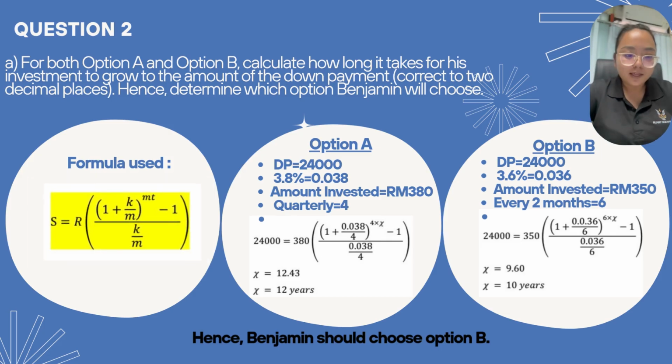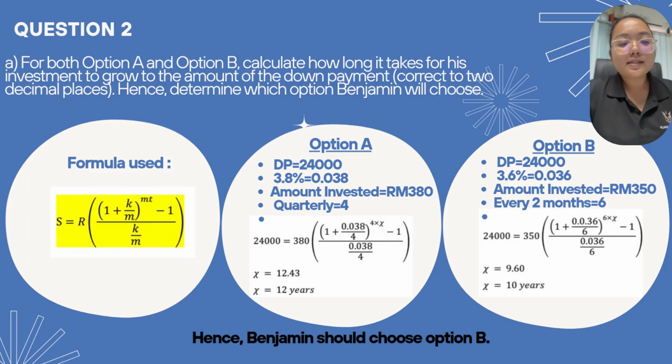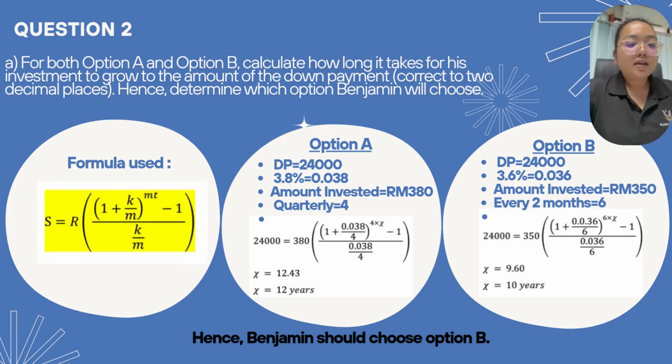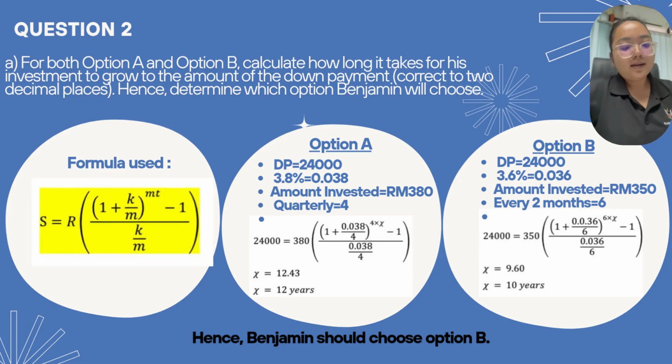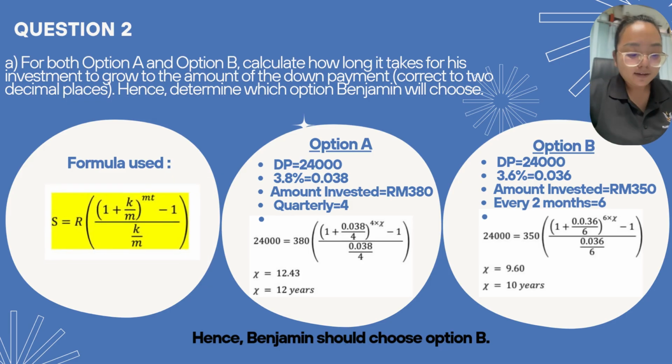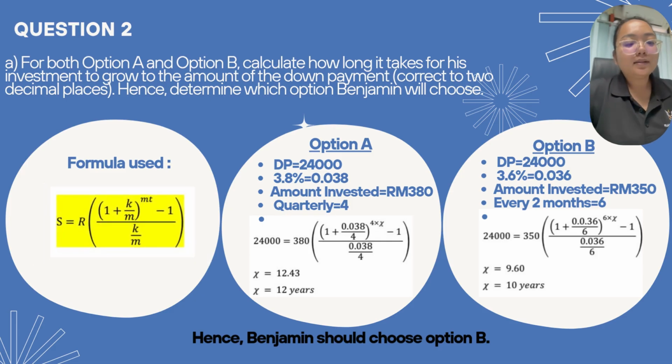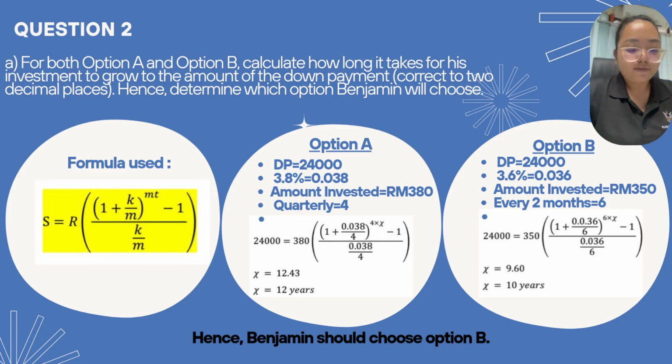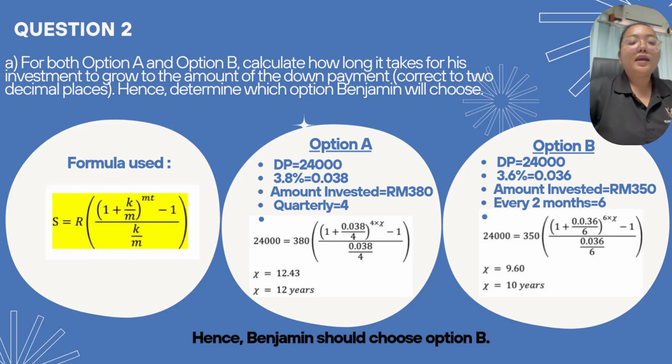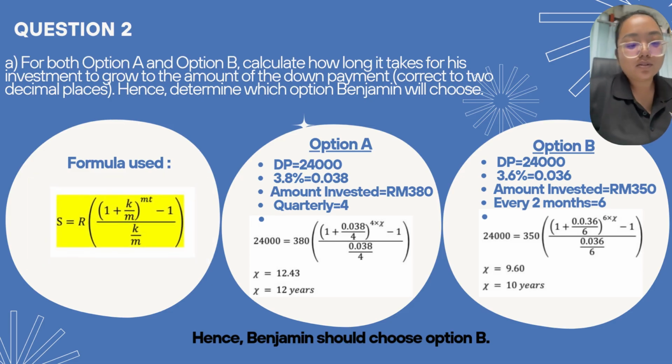Meanwhile, for option B, S is 24,000, nominal rate K is 3.6%, periodic payment R is 350, and compounding frequency is every 2 months, which equals 6.